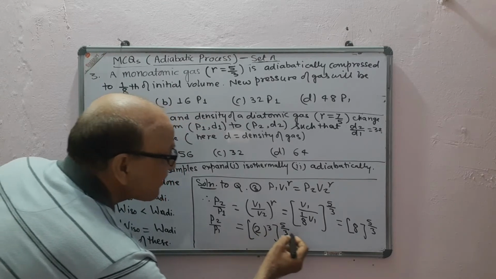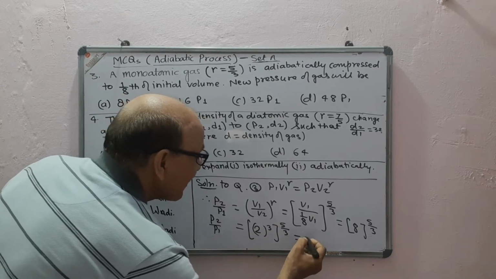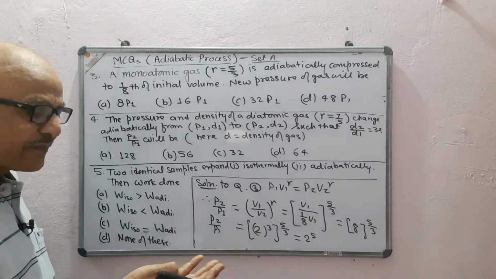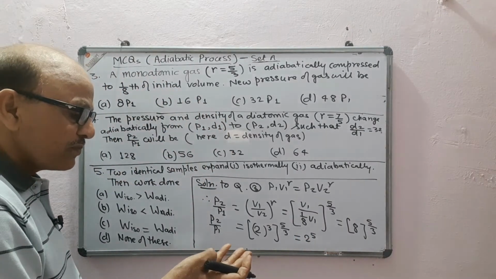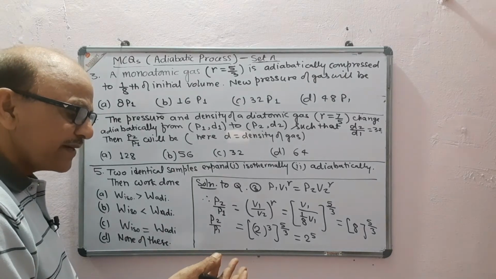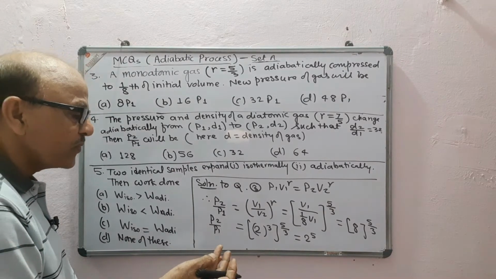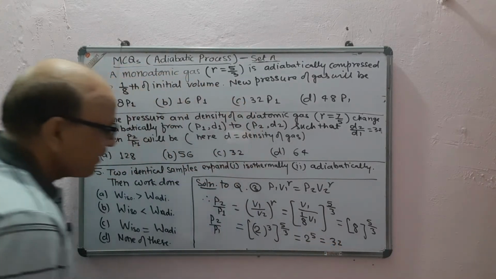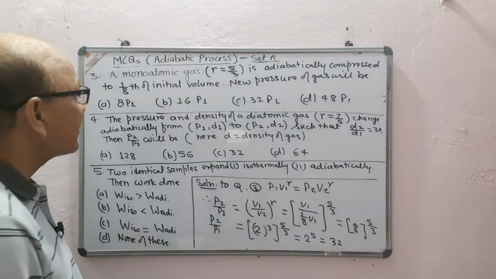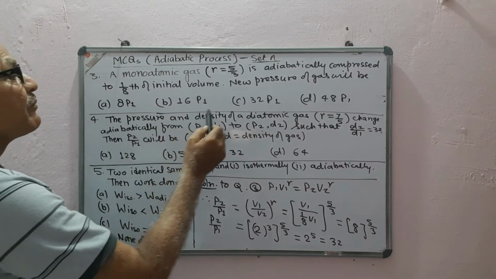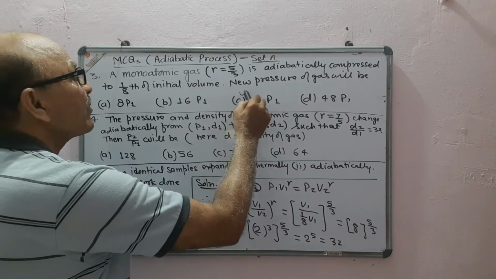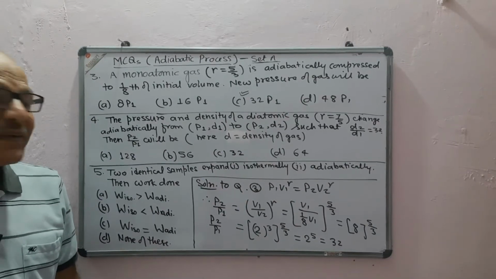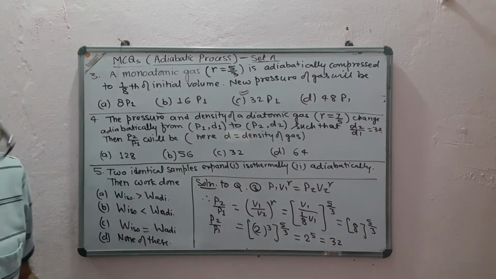This 3 cancels, and this is 2 to the power 5, which is 2, 4, 8, 16, 32. So this is 32. Therefore, P2 will be equal to 32 P1, which means 32 times the initial pressure P1. Next question.